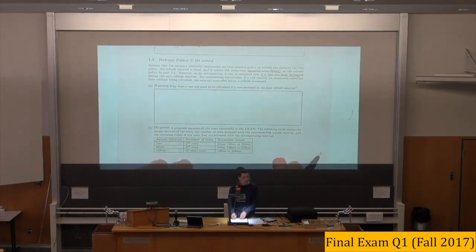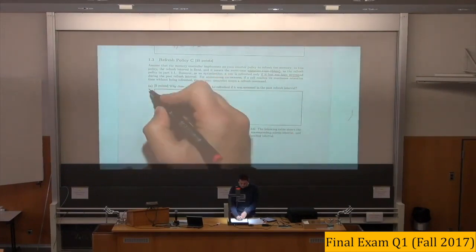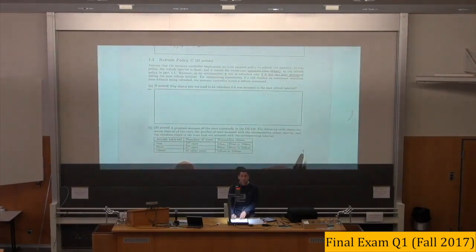So basically, the first question asks: why is that the case? Why can a memory controller behave like this? Do you have any guesses? Why can it skip the row? Yeah, because the cell is recharged on every access. Yeah, that's basically the case.